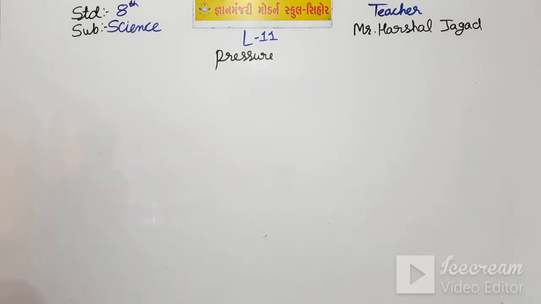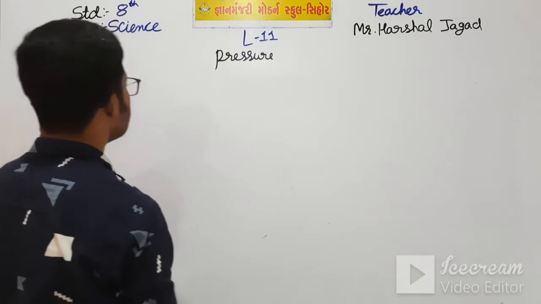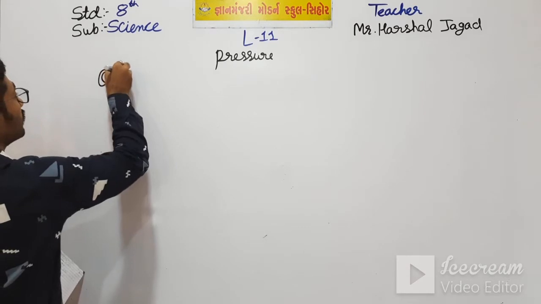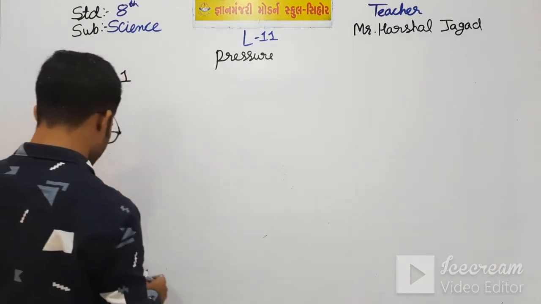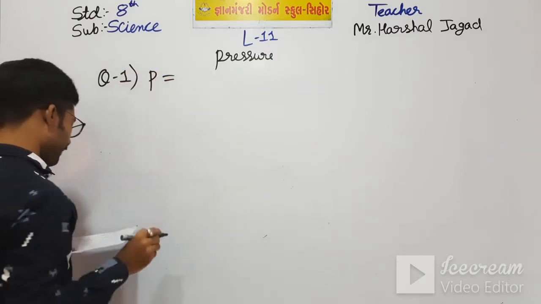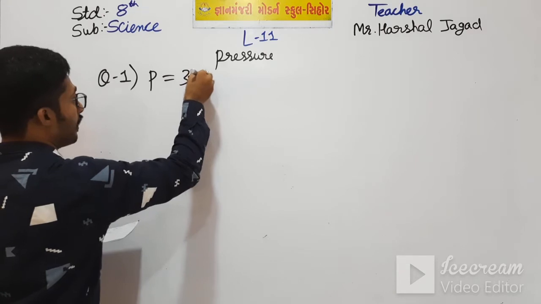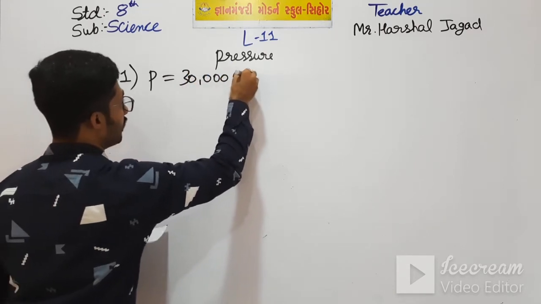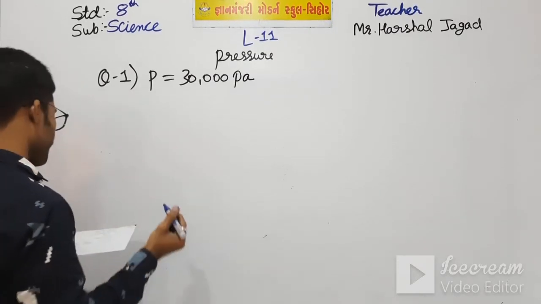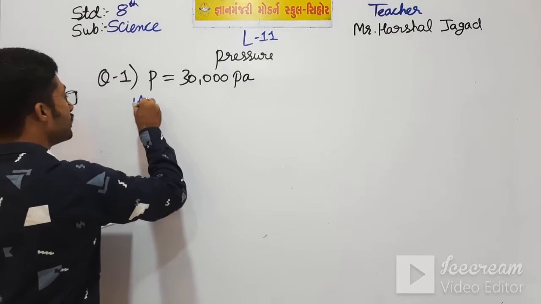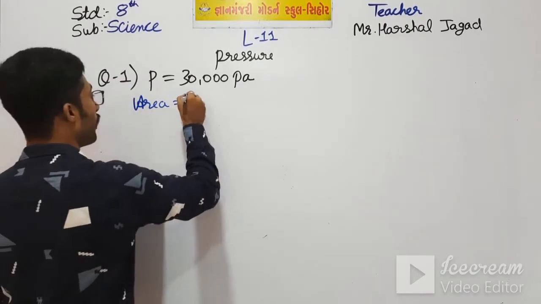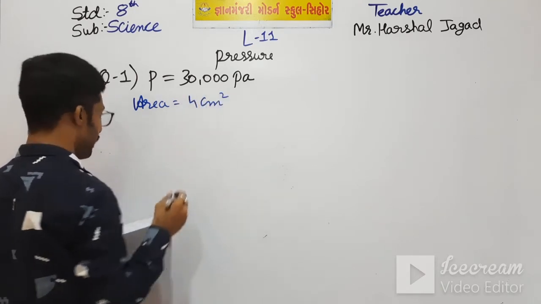In question number 1, the pressure was given, 30,000 Pascal, and the area was given, 4 centimeter square.